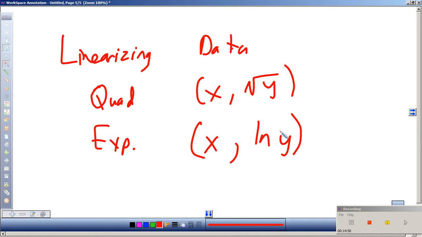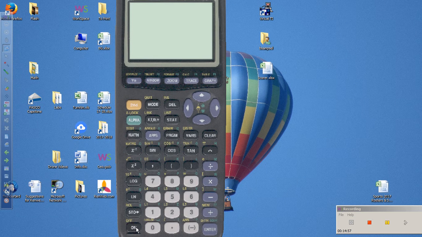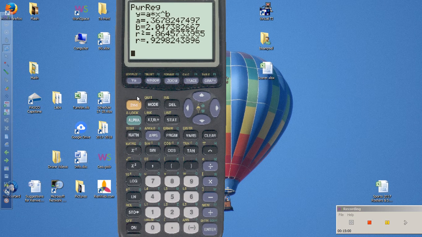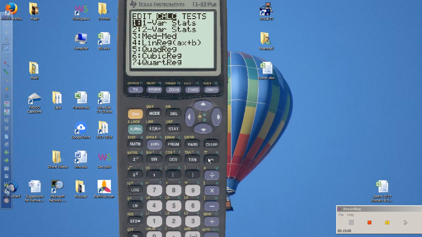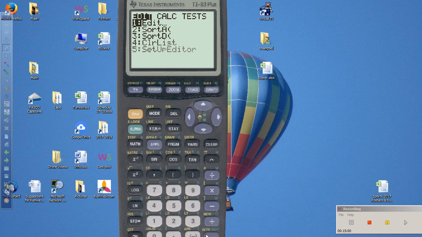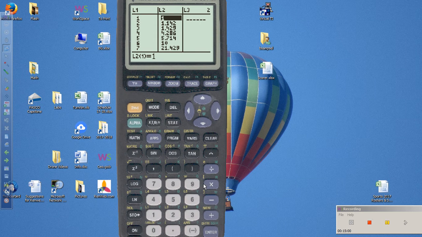So now, if we were doing this using the data we had before, turned on, and our stat, edit. I know the first one is 1, so I'm going to put in ln 1. Then ln of 1.4, and so on, going down.